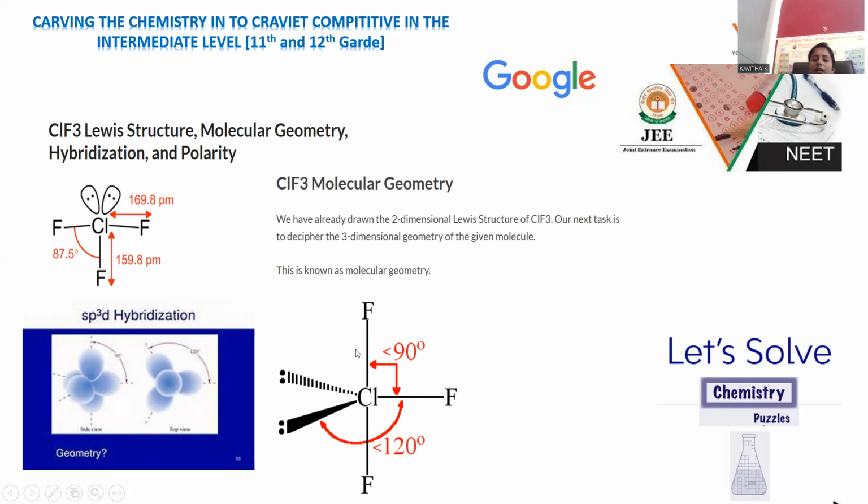One axial fluorine above, one axial below, and within the plane one fluorine is located, so that it is a perfect T shape, and the geometry is trigonal bipyramidal. So we can clearly say sp3d hybridization. If 5 electron pairs are present, sp3d hybridization is the condition.